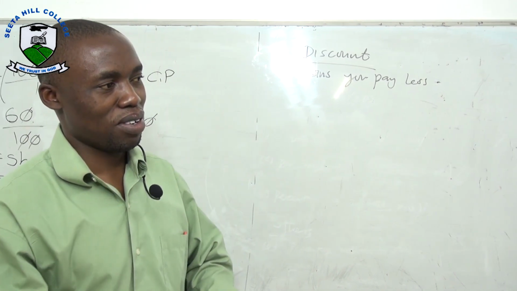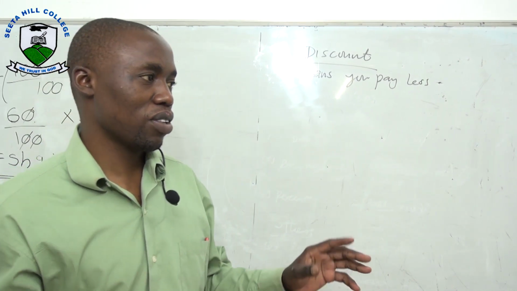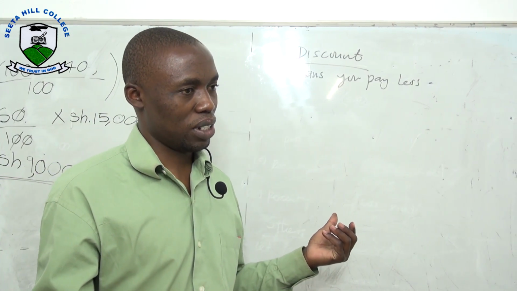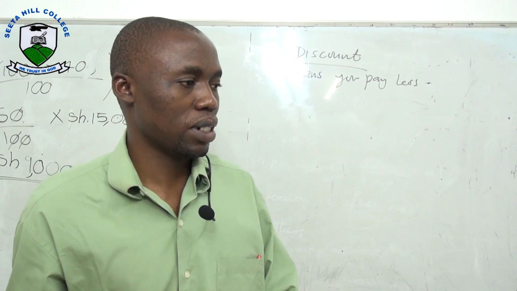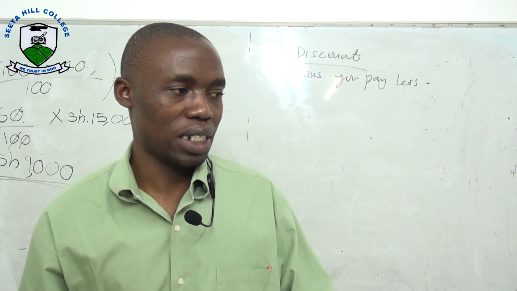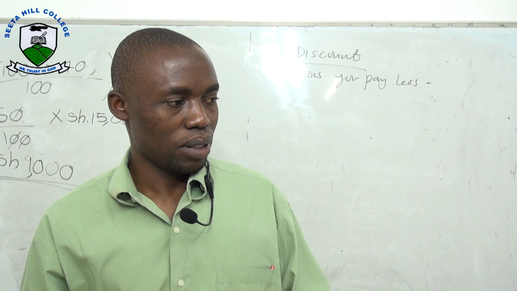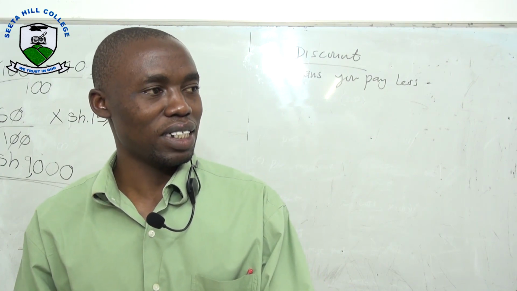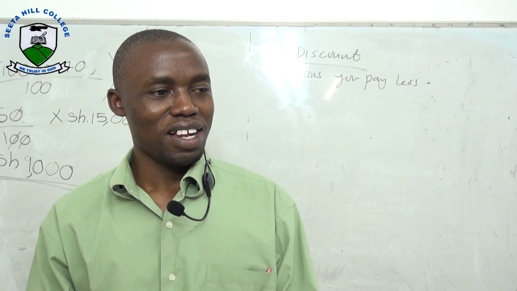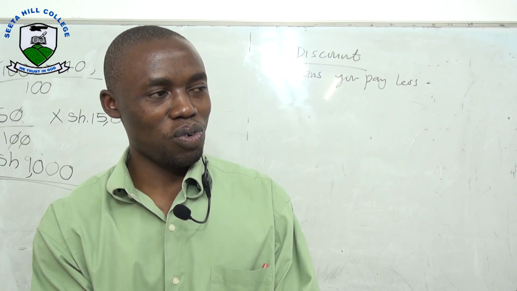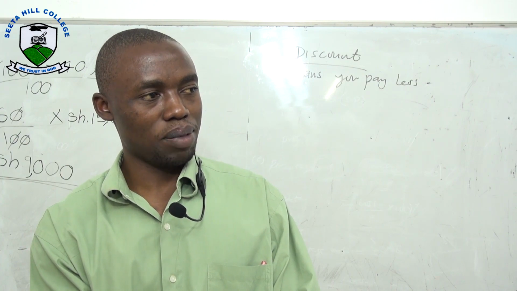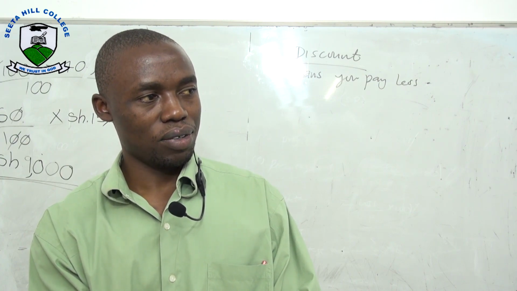The seller. That means the concept of discount is the concept of loss, that we attempt it as we attempt losses. We are saying the way you attempt a discount is the way you attempt a loss.